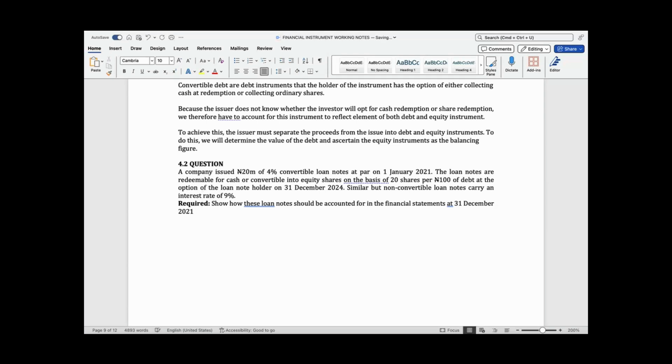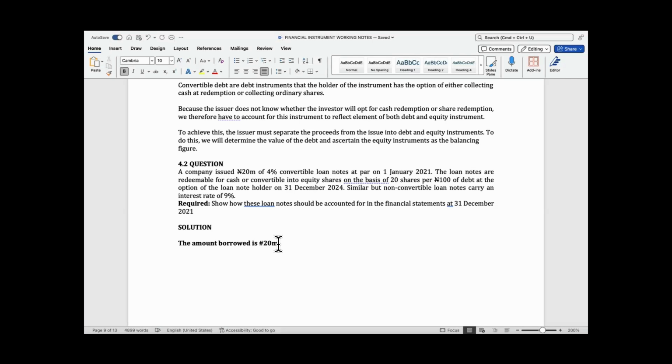So to do that, it is established that the amount borrowed is 20 million. That one is an established figure. He borrowed 20 million. So what we want to separate is this 20 million that we borrowed.